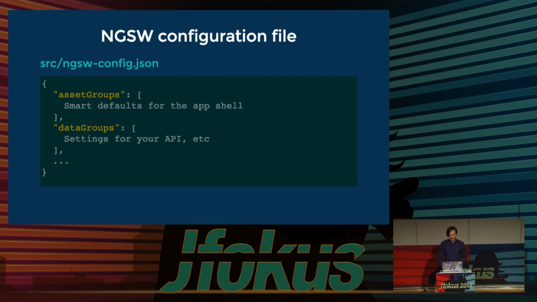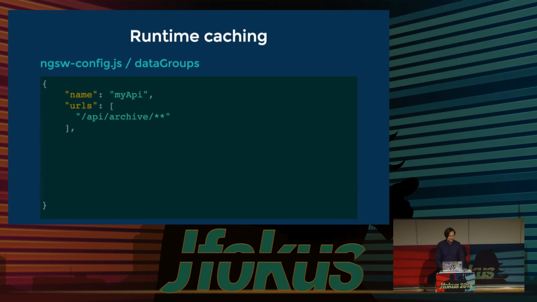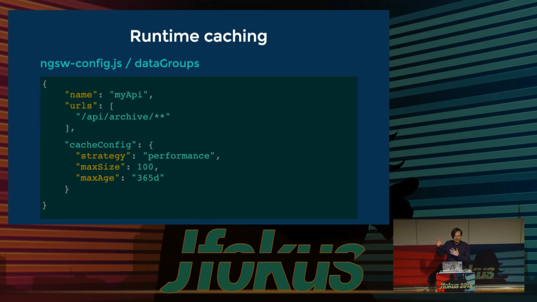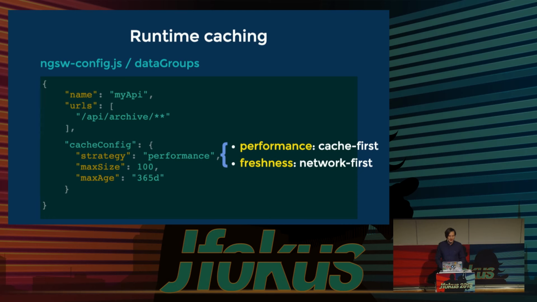I will not go through all the details, just the simplest example of how you set up caching of your dynamic data. Say for API/archive, you can provide different strategies like performance, where we try to get cache first, or freshness, which is network first.